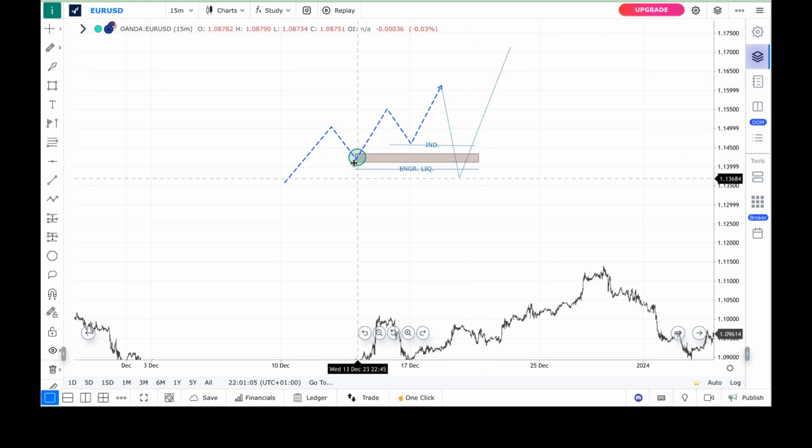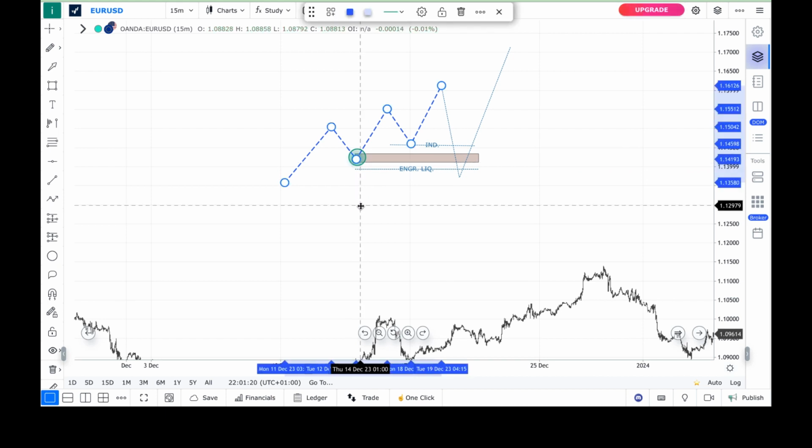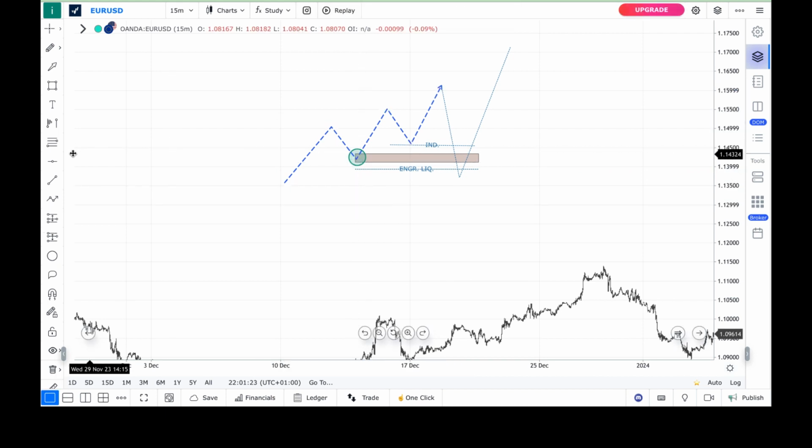Which means, number one, they won't make enough profits, and again the market might be stagnant, meaning it won't move. That's the first reason. Another reason is the premium and discount.